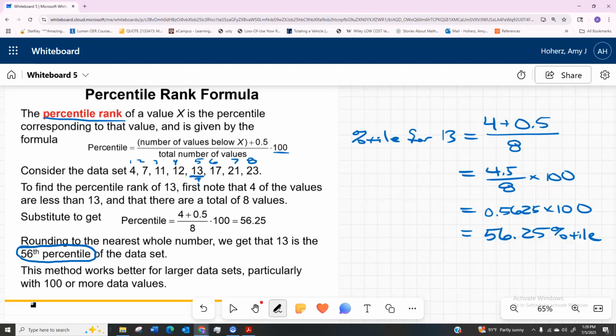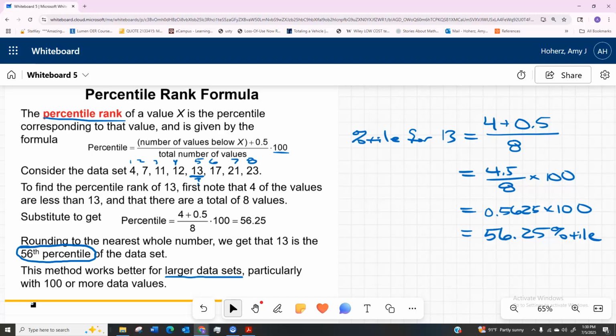Now, this seems kind of strange when we're talking about only 8 pieces of data. As I mentioned before, what this really works better for is really large data sets. So it would be much better if we had thousands of scores, or at least hundreds of scores, but definitely 100 or more.